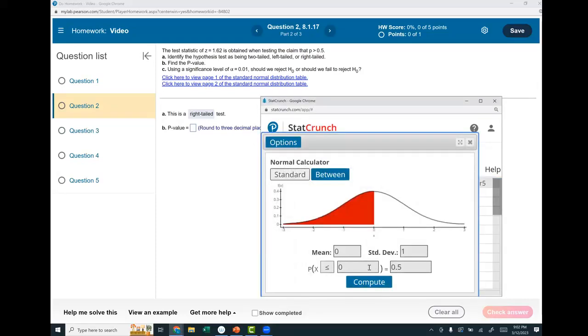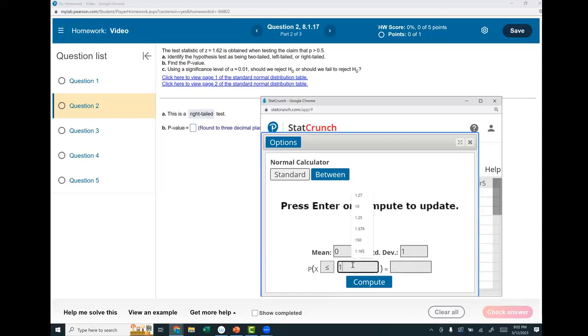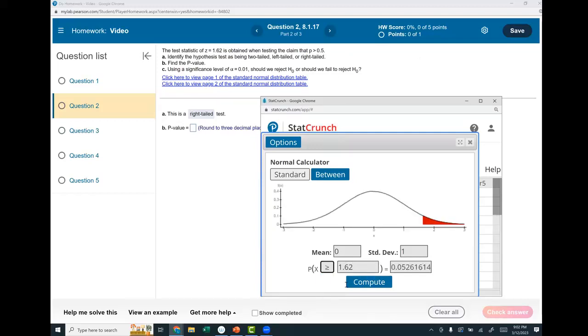And my z number goes in here, 1.62. And we want it to be greater than that.